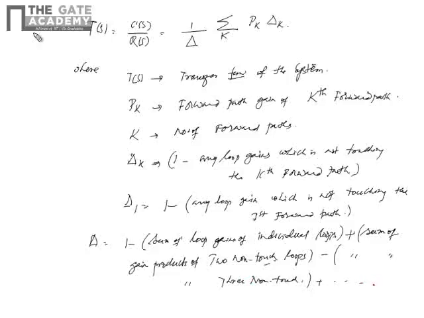So like this we will find out the transfer function by using Mason's gain formula.